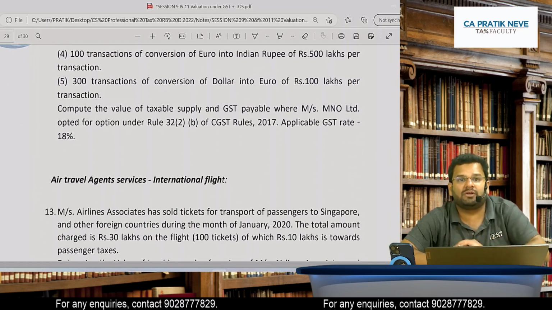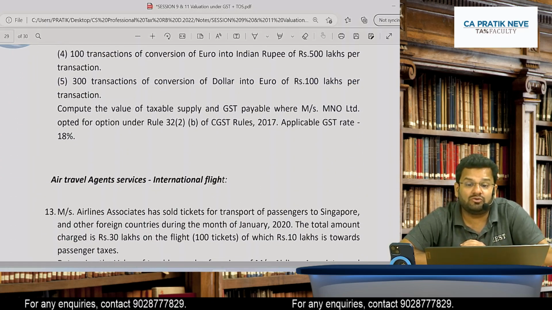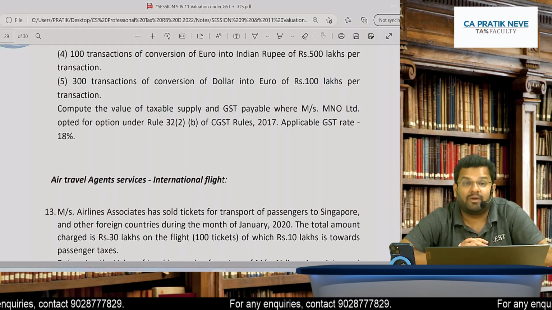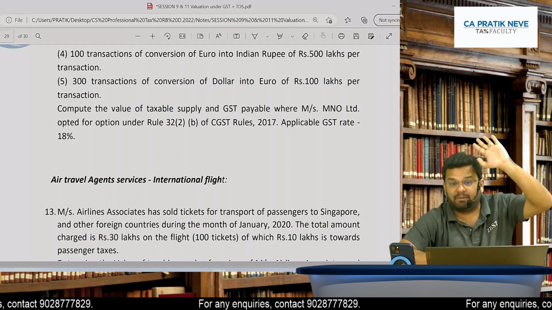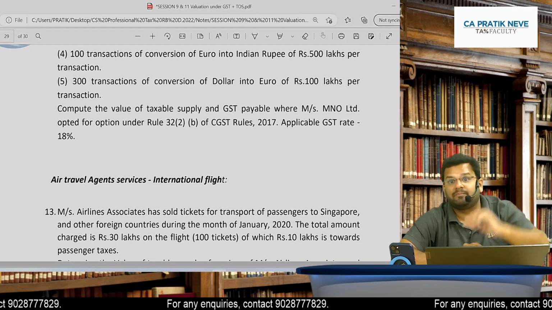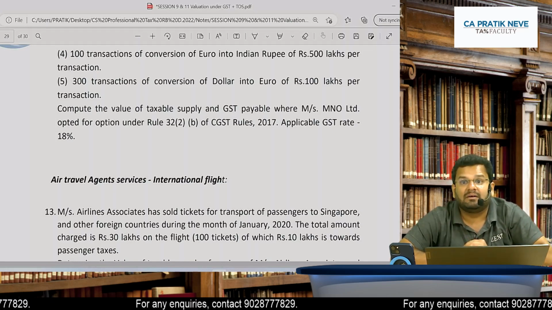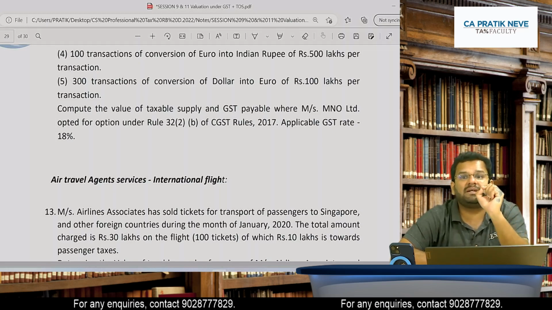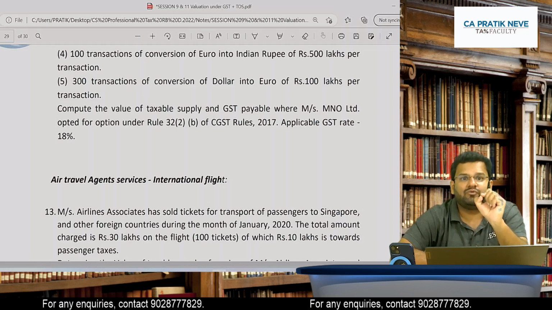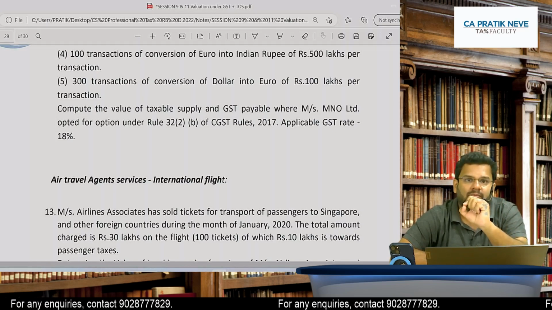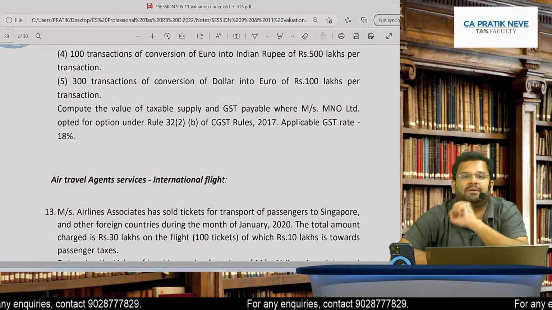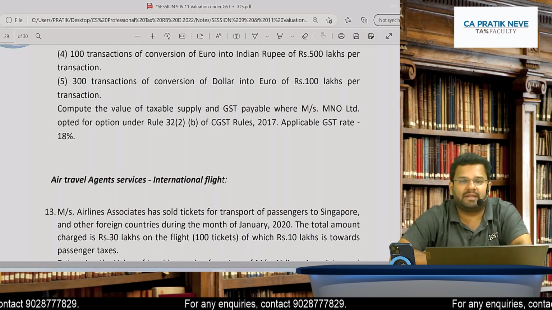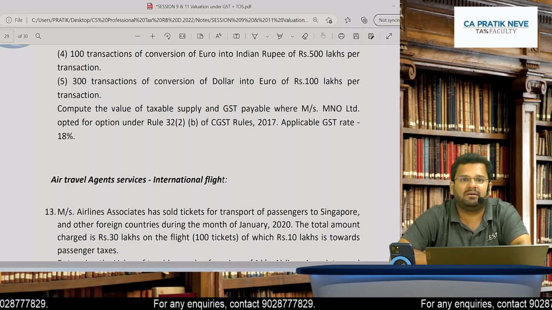Next, 100 transactions of conversion of euro into rupees of 500 lakh per transaction. When I am talking about 500 lakh per transaction, it means 5 crore. So on the first 10 lakh, I know 5,500. Next 490 lakhs, which means 4 crore 90 lakhs, into 0.1%.